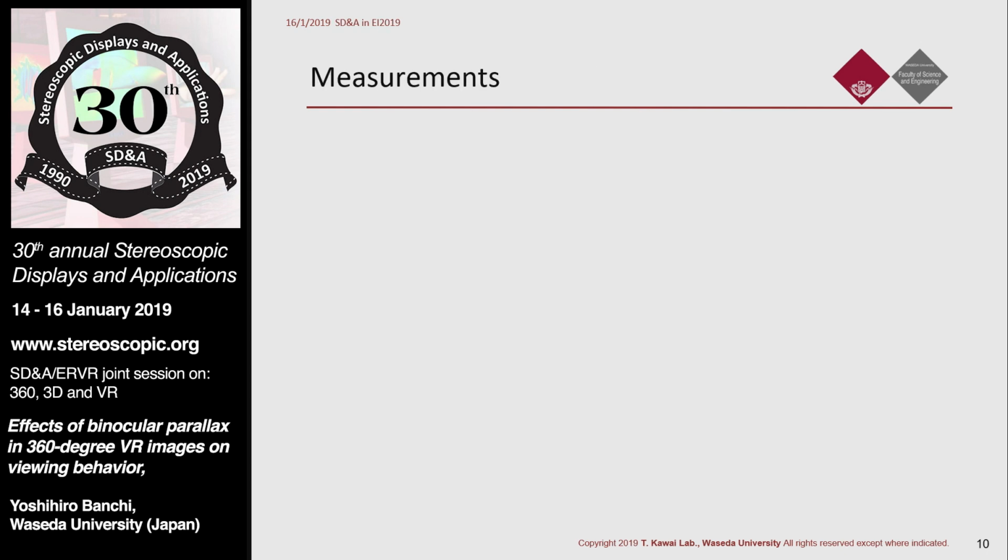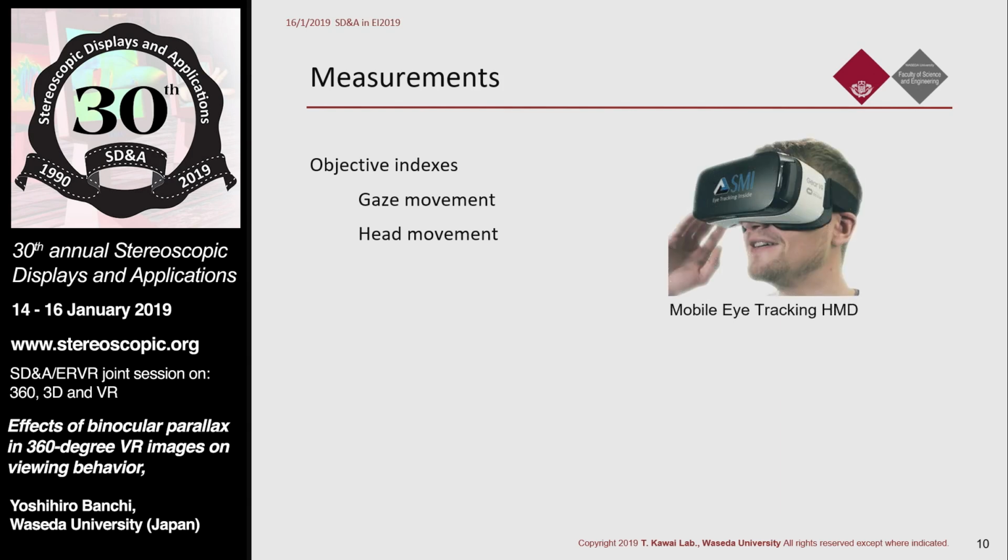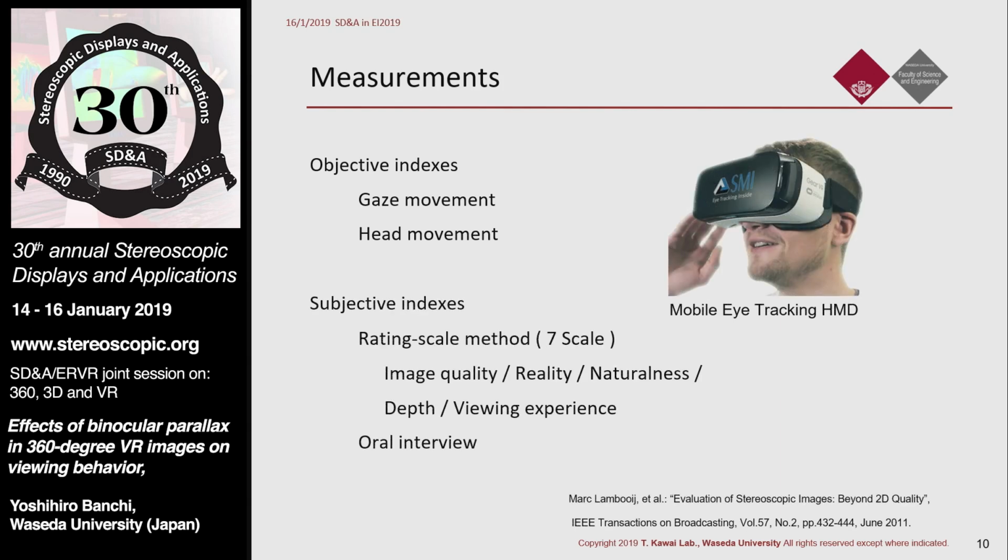For the measurement indexes, we acquired eye tracking data and head tracking data as objective indexes. Therefore, SMI mobile eye tracking HMD based on Gear VR, which can measure gaze, was used.